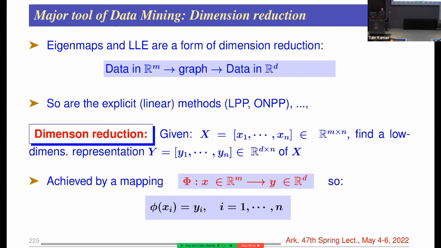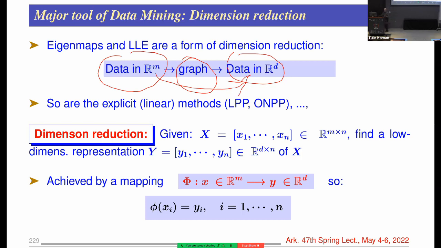What I just described, these two methods, LLE and eigenmaps, can be viewed as dimensional reduction techniques, because you're starting from data in R^m, then you get a graph, and then you get the data in R^d from it. So you go from R^m to R^d, right? You can view that as one form of dimensional reduction.